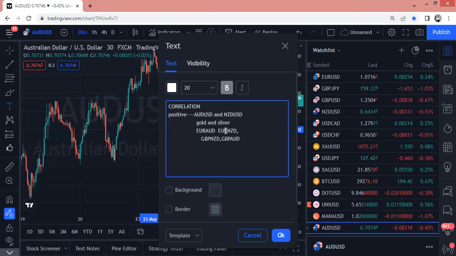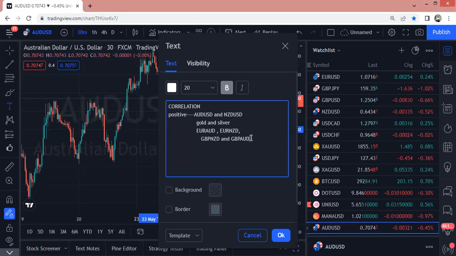So I'll do this now. Okay, let's say pairs flow together. Positive correlation. And then we have the negative correlation.